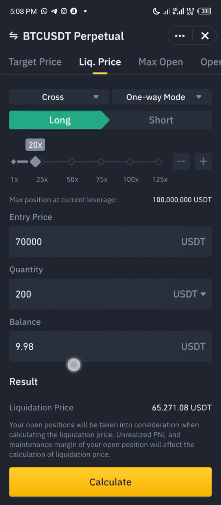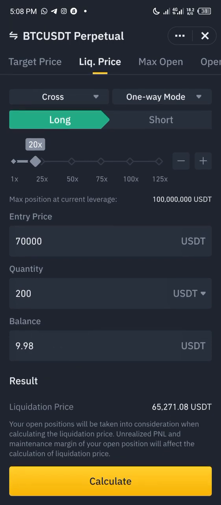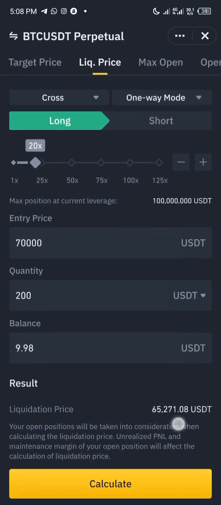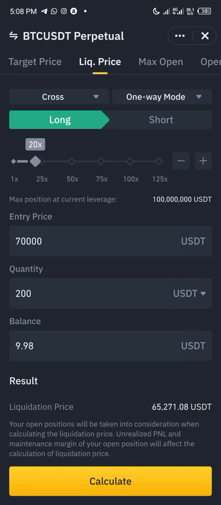This is the balance I'm having in my futures wallet. Let me now click on calculate. This is the liquidation price. This is telling me that if the price of Bitcoin can fall to 65,271.08 USDT, I'm going to lose all my money if I'm taking long position with this amount. So that's how you calculate your liquidation price in long position.